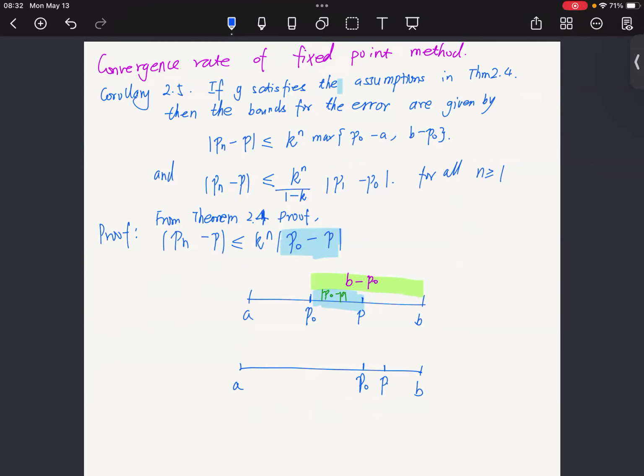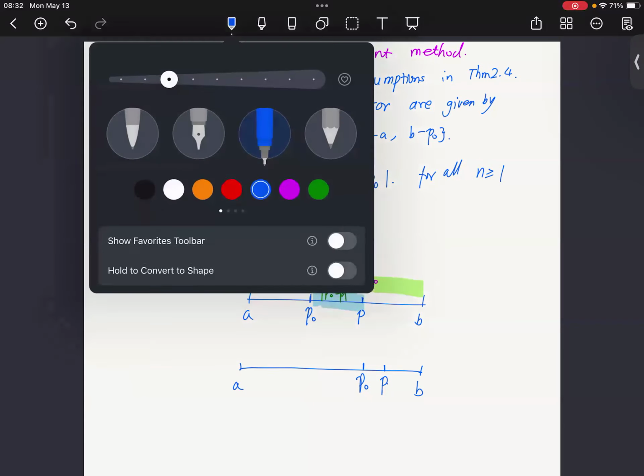Once again, we could have the same situation. The distance from P0 to P is less than B minus P0, but B minus P0 is also smaller than the bigger interval here. And this is another case.